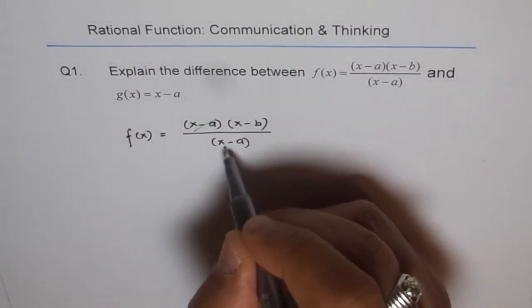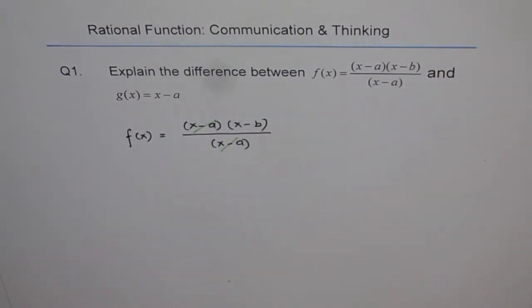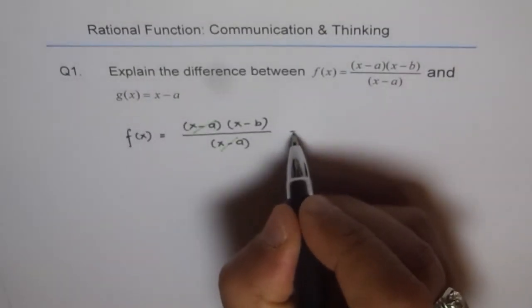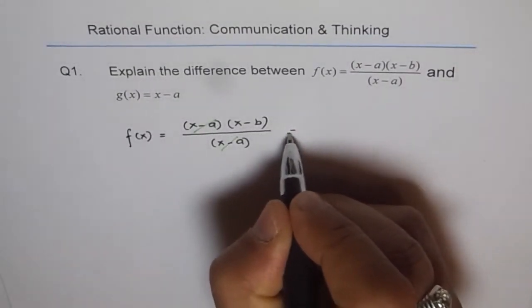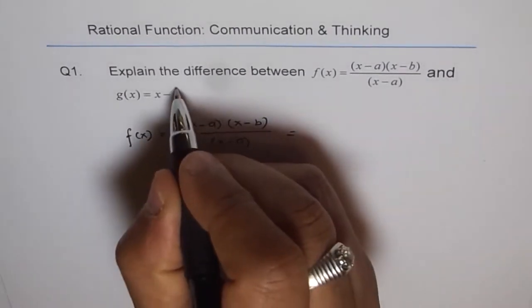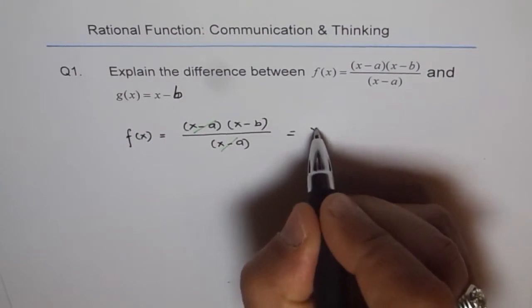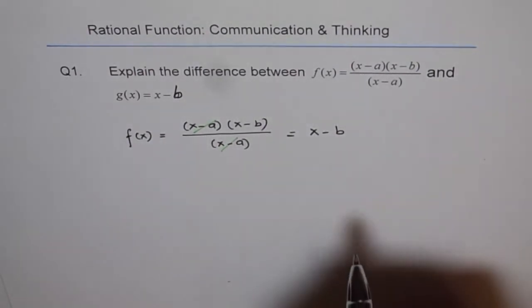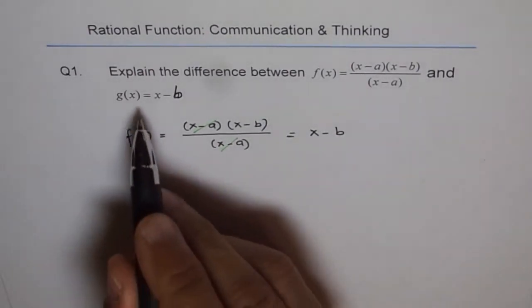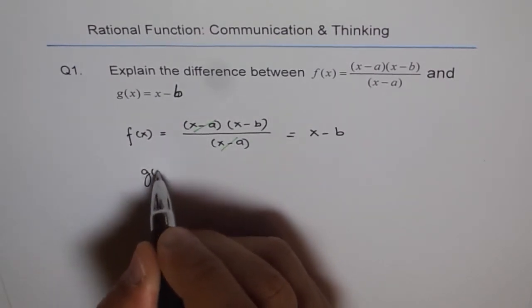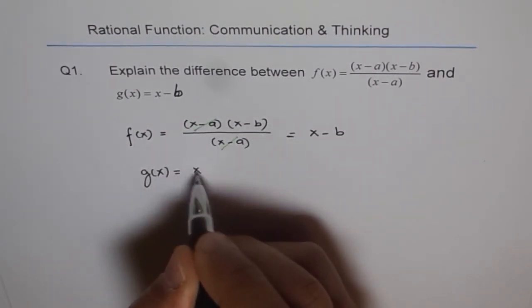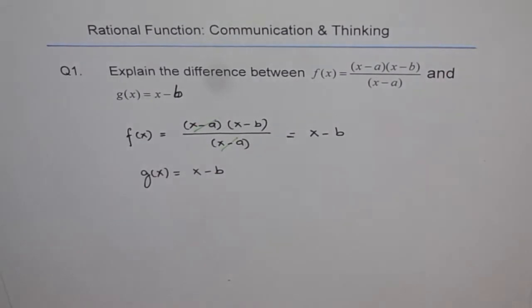So if you cancel this out, then what do you get? It should be x minus b. Okay. So what you get is x minus b, and you are given g of x equals x minus b. Okay, so I made that correction. That should have been x minus b.